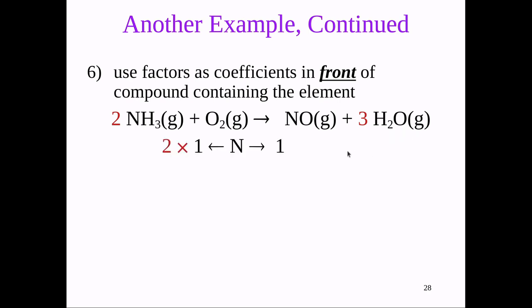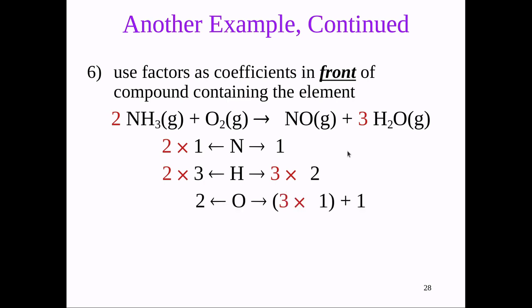And then we set up our math so that we can do our count again. We now have 2 times 1 nitrogens on that side, 1 nitrogen on this side, 2 times 3 hydrogens, 3 times 2 hydrogens on that side, 2 waters on this side, 3 times 1 oxygen plus the oxygen from this molecule here.